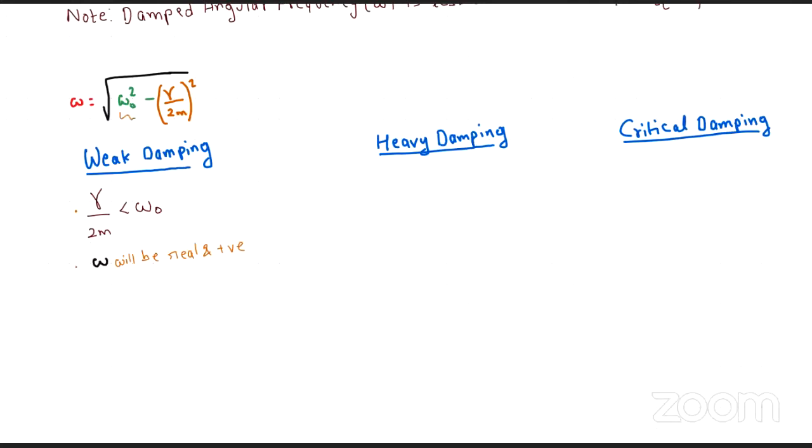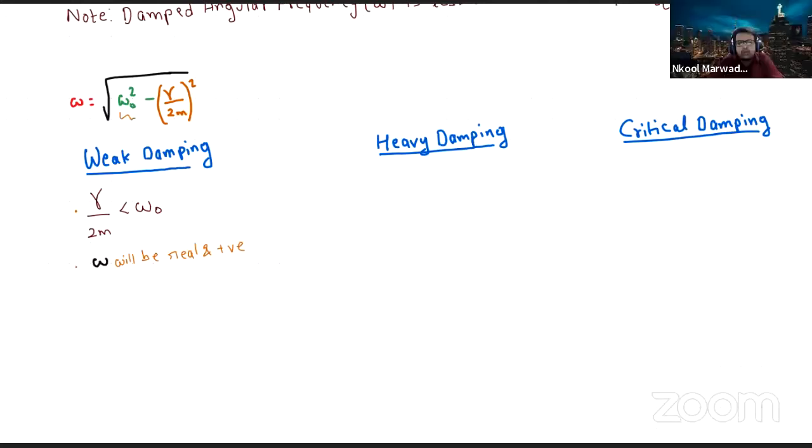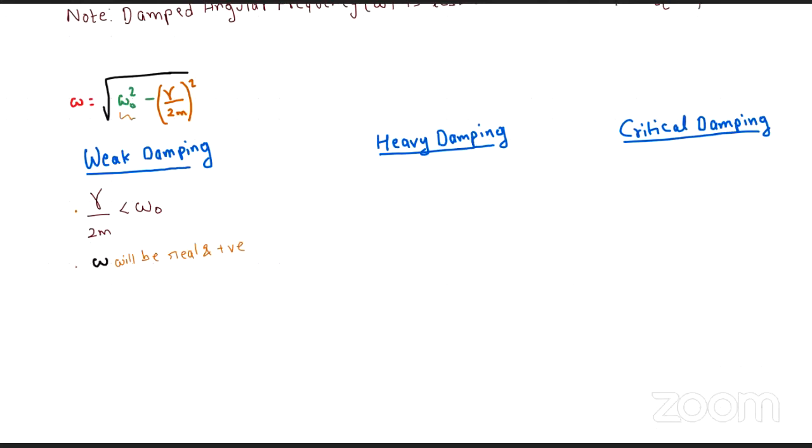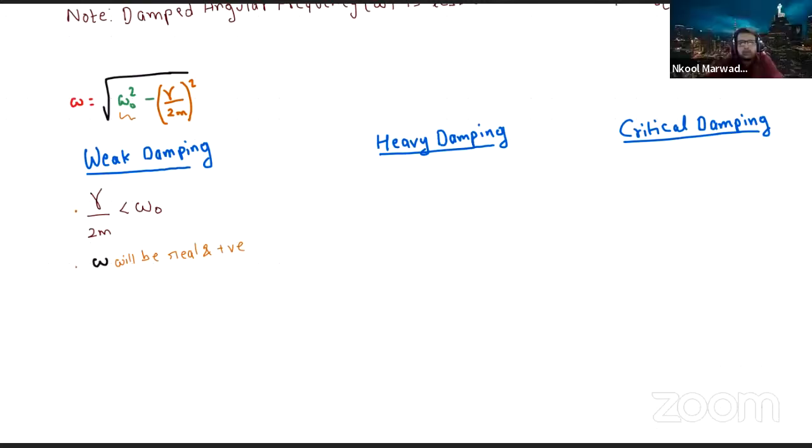Because if we get a negative number under the root, it will not be a real number. It will be a complex number, because the under root of a negative is always complex. So since inside the under root we get a positive number, the angular frequency will be real and positive. It has to be. Now this is clear.